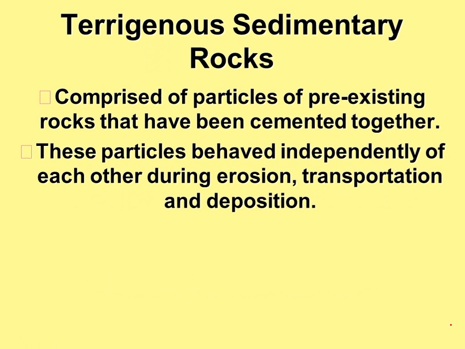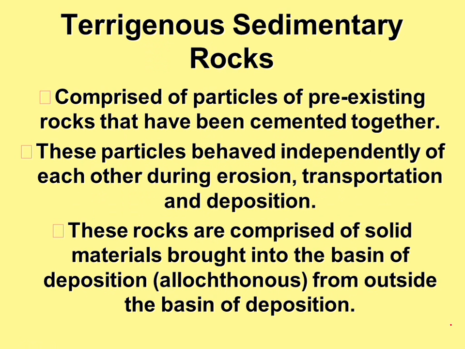So you can imagine, if you will, the individual sand grain being bounced around as it's being transported and ultimately deposited. And these are typically referred to as allochthonous materials, in that they represent solid materials that are brought into the basin of deposition from outside the basin of deposition.